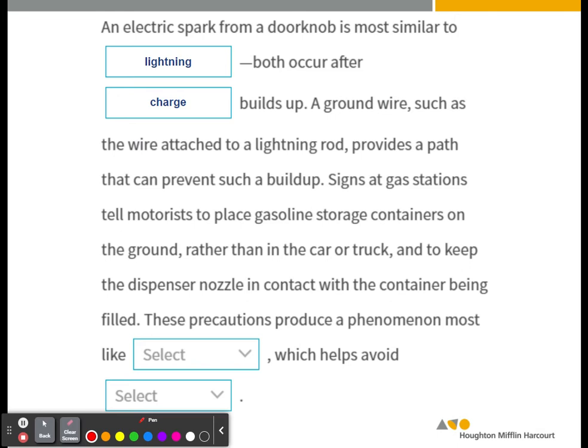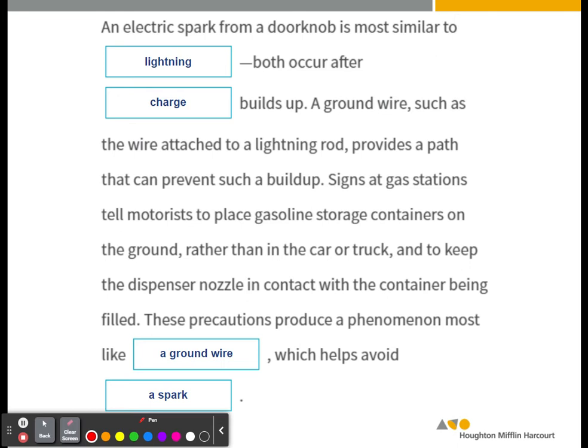Signs at gas stations tell motorists to place gasoline storage containers on the ground rather than in the car or truck, and to keep the dispenser nozzle in contact with the container being filled. These precautions prevent a phenomenon most like a ground wire, which helps avoid a spark. As you can imagine, a spark at a gas station or at a gas pump could be disastrous.